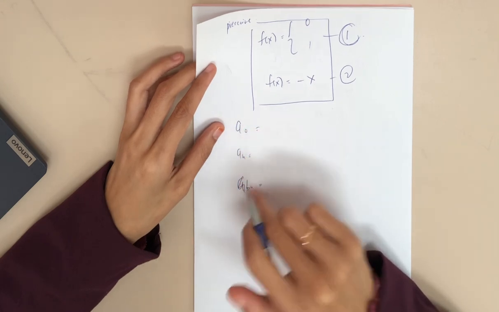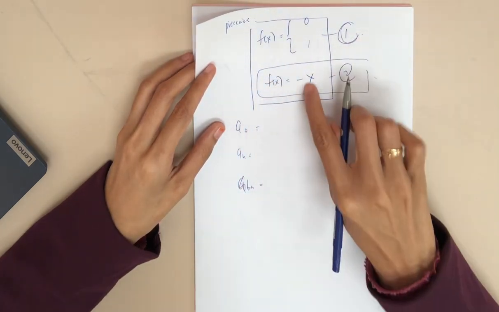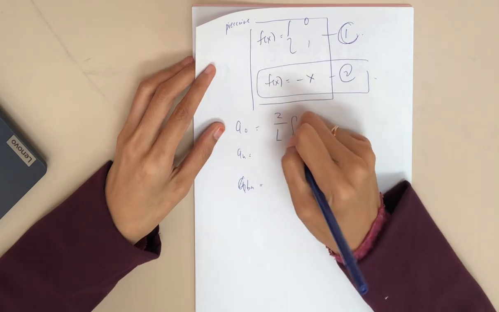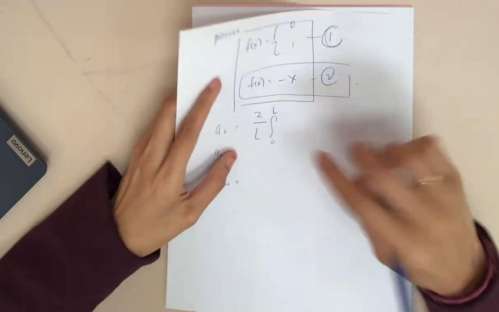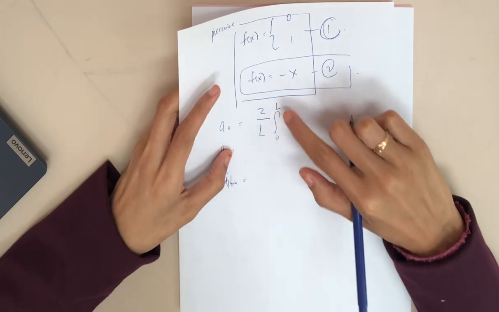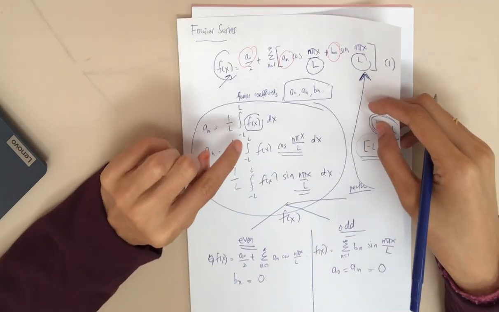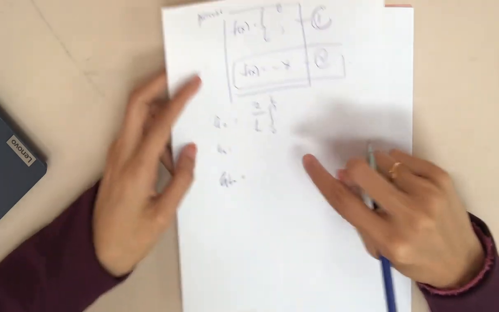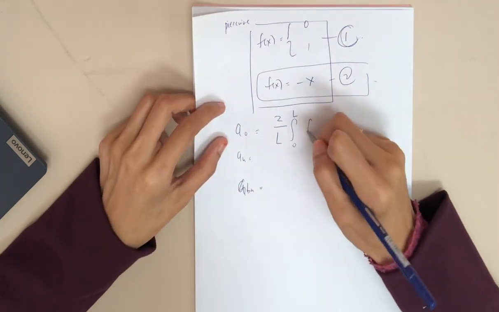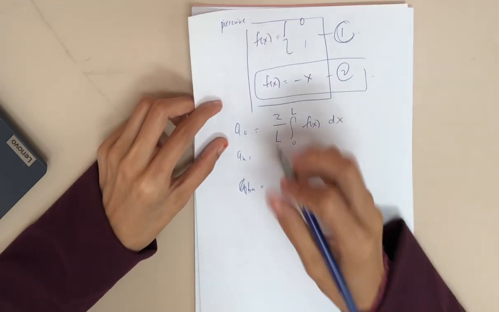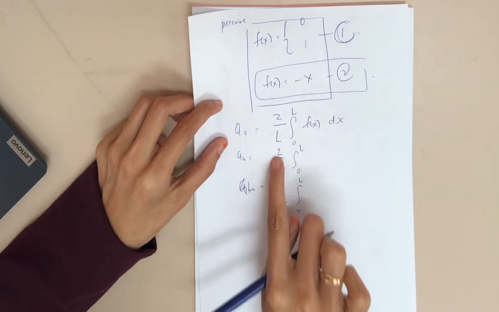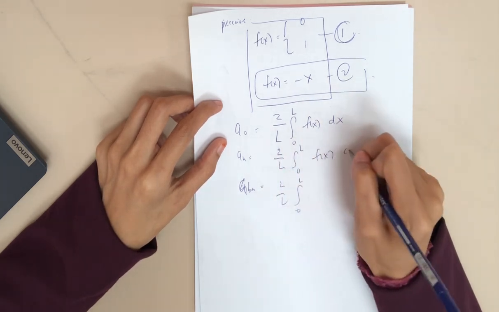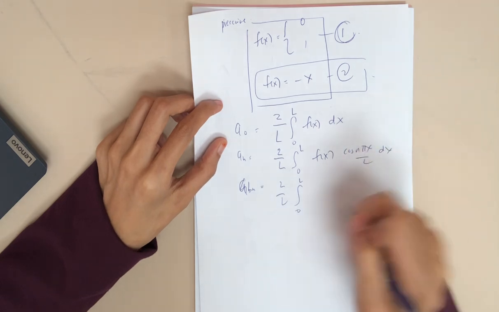So for A0, AN, and BN, for the single function, the equation will be 2 over L. It's different, earlier it was 1 over L. Now it's 2 over L, and then you will integrate from 0 until L only, not from negative L to L. You just consider the positive part, from 0 until L. And then the rest will be the same. The back part is the same, only the first two here, with 2 over L and 0 to L, differ. The rest will be equal.